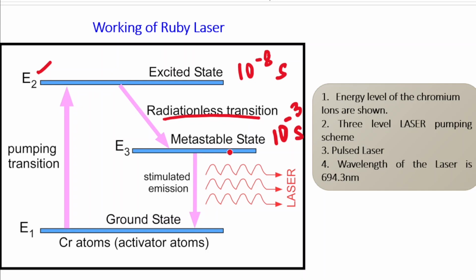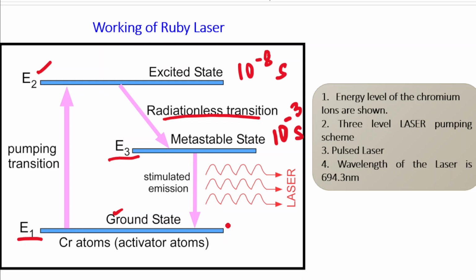Now, since the lifetime of the metastable state is very high, the number of atoms in this state goes on increasing. In that case, the number of atoms in the metastable state exceeds that of the ground state, and hence a population inversion is achieved between the metastable state E3 and the ground state E1 by optical pumping.